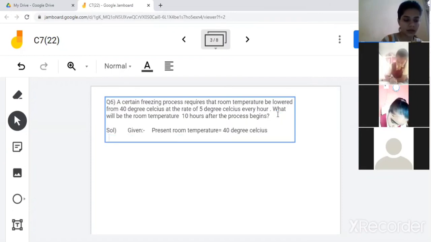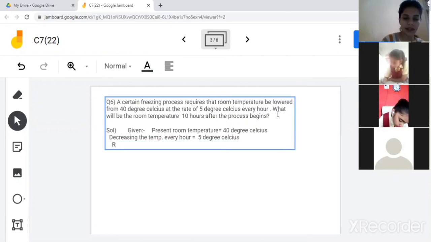Now, decreasing the temperature every hour will be what? Equals 5 degrees Celsius. In this way. Okay.